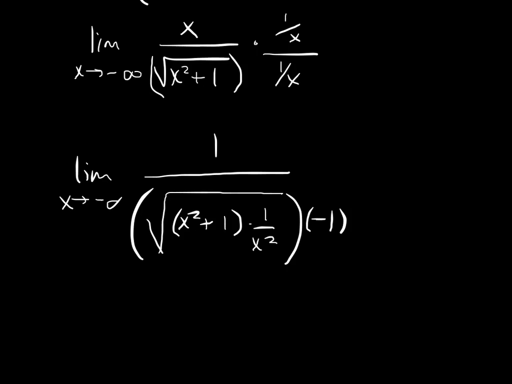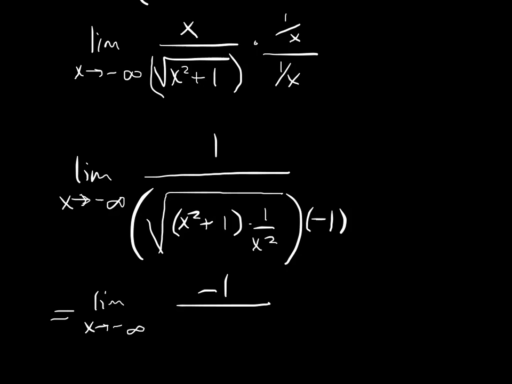Now this negative 1 would not have appeared if this was positive infinity. The rest of it's easy in the sense that now this is the limit as x goes to negative infinity. I wrote negative 8, that's ridiculous, it's a sideways infinity. Negative infinity. In the numerator, let's go ahead and stack the negative 1 with the 1.